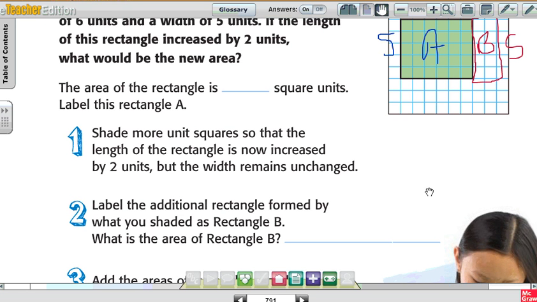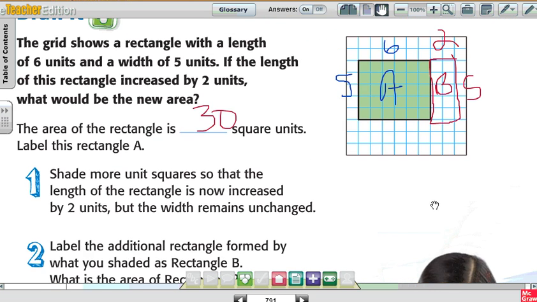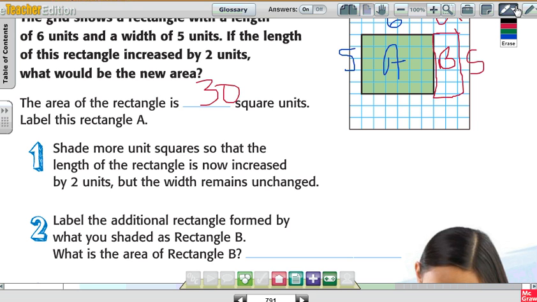Area of A was 6 times 5, which was 30. Now I need to add area B. Okay, so the area for B is, what's the area again? Is length times width. What's the length for rectangle B? 2. What's the width? 5.